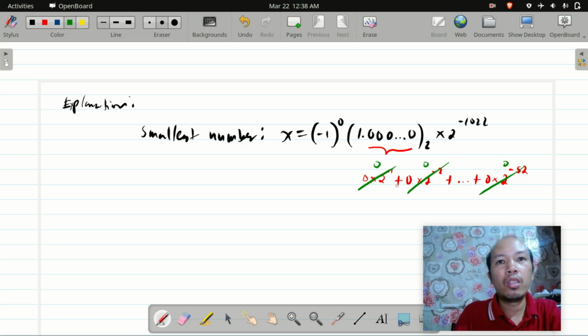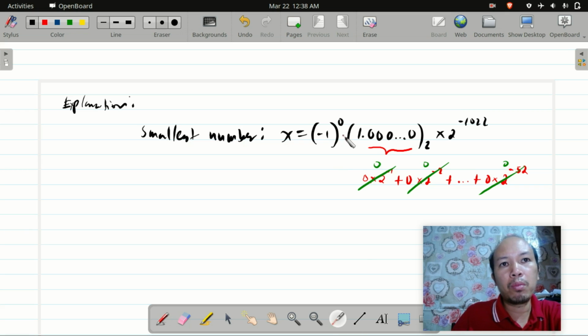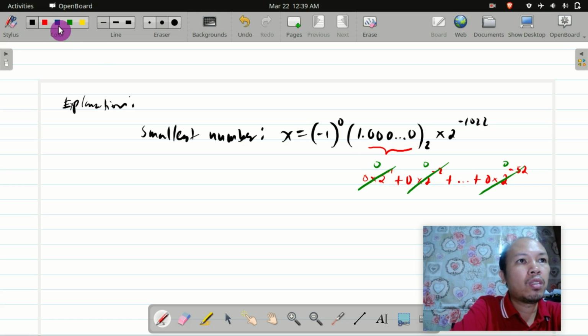So what remains here is negative 1 to the 0, this multiplication, which is 1. And here, let's say color blue, we have 1 times 2 to the 0.